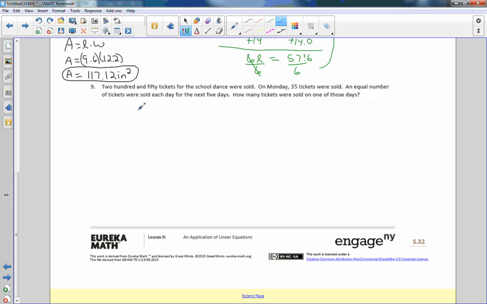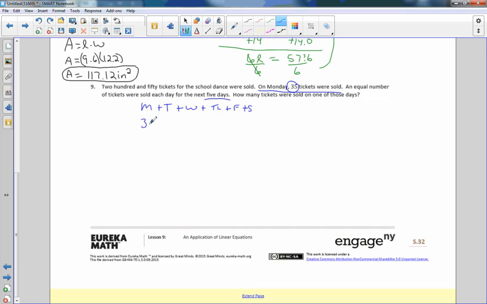Okay, so what that means is on Monday, for the next 5 days, so we have Monday plus Tuesday plus Wednesday plus Thursday plus Friday. That's 1, 2, 3, 4 plus Saturday. So those are all the days we're talking about. On Monday, 35 tickets were sold.